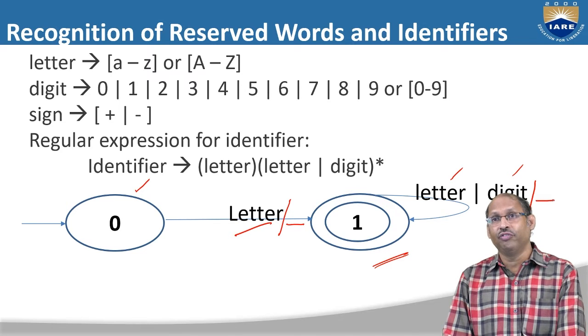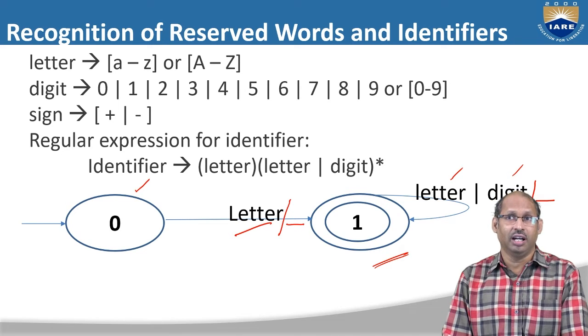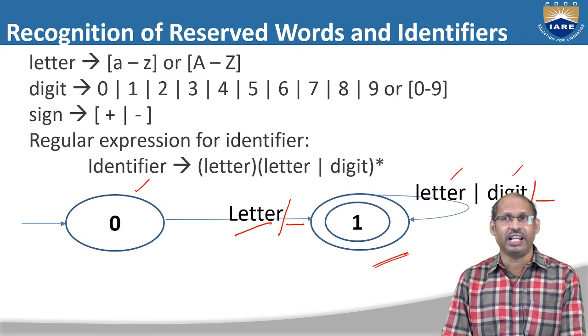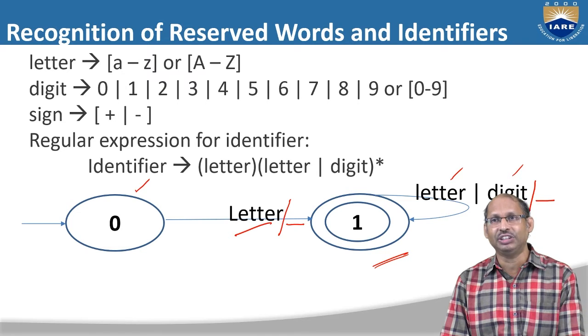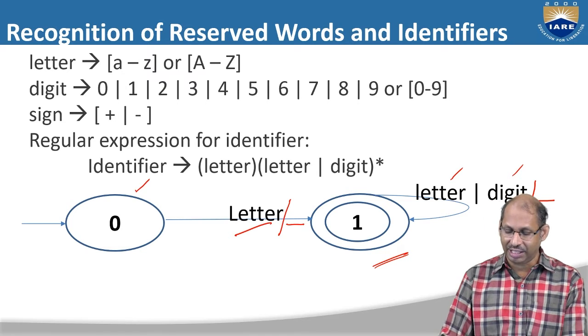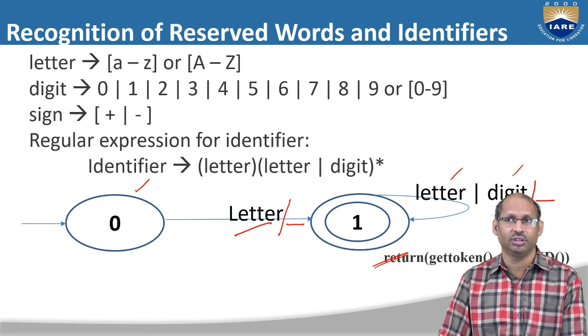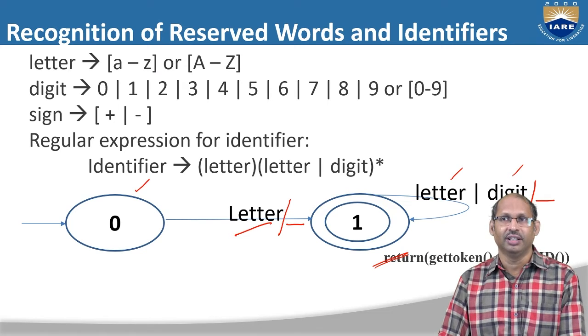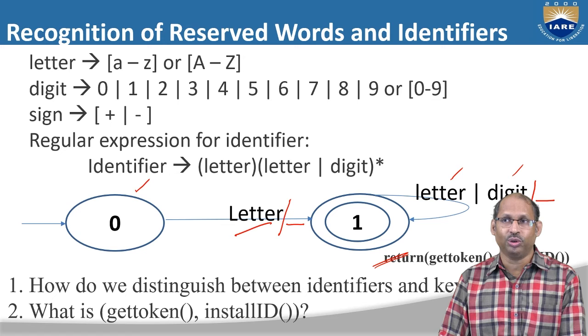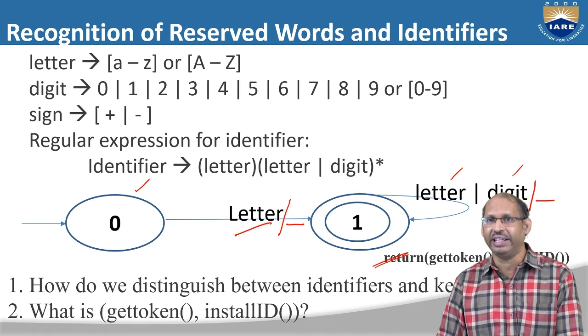So here we can change these transition diagrams into regular expressions which match the programming language to recognize the tokens. So it will return get token install ID.